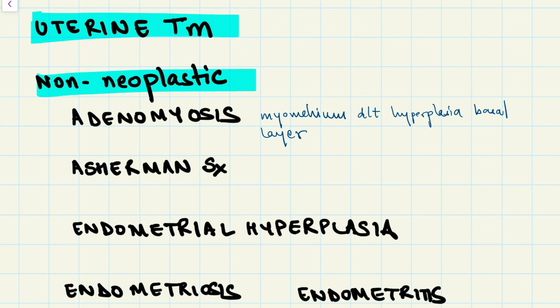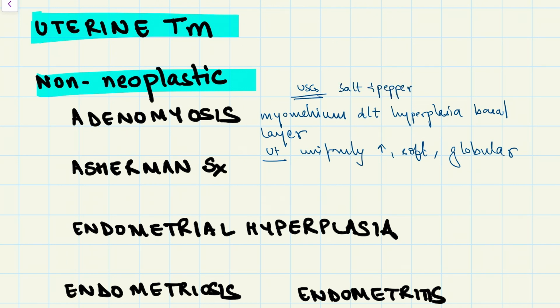It presents with abnormal uterine bleed or heavy menstrual bleeding, and the uterus will be uniformly enlarged, soft, globular, and ultrasound will show a salt and pepper appearance or the Venetian blind sign, right, with loss of endometrial myometrial junction.